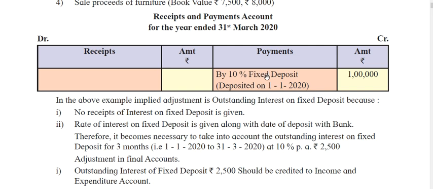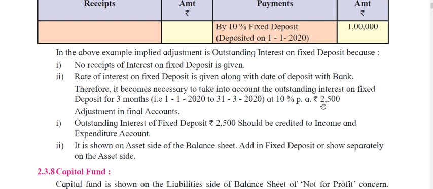So it is a 3 months gap. It becomes 10% per annum on 1 lakh, that is rupees 2,500 adjustment in final accounts.